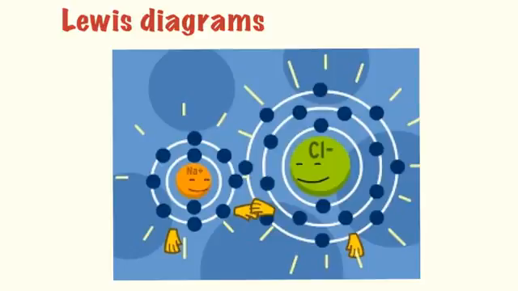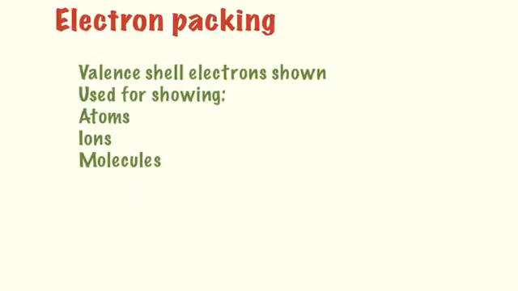So a Lewis diagram is going to be all about showing electrons. On the front, I've shown you a little animation or a little picture of ionic structures. And we're going to be talking about ionic structures as well as forming just atoms and sharing electrons. We've already spent time talking about the packing of electrons in atoms.